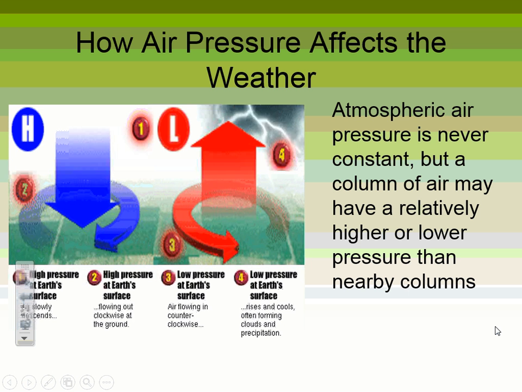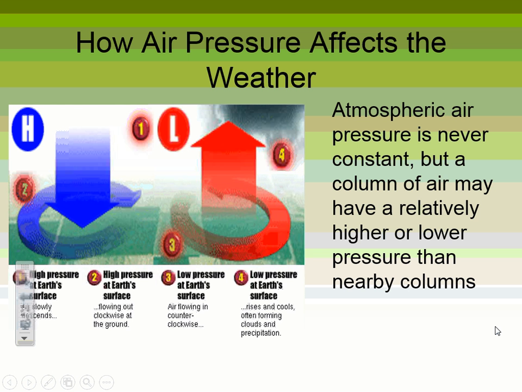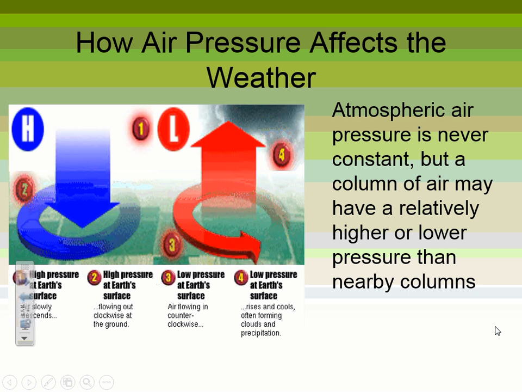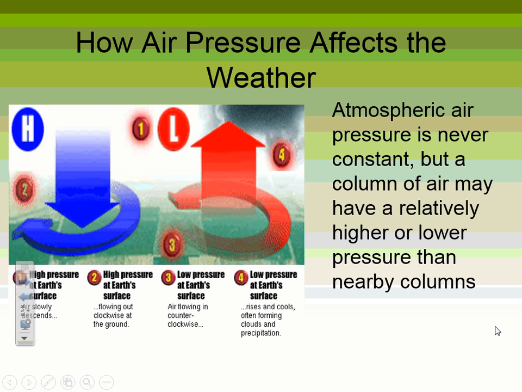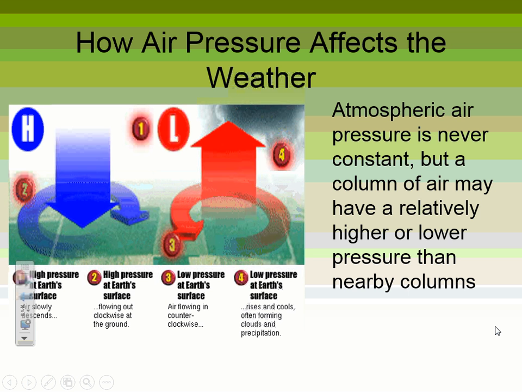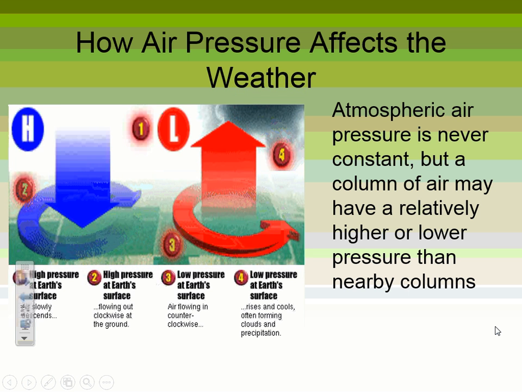That low pressure tends to be warm air and so is rising, and often creates a situation where that warm rising air condenses and then forms clouds and precipitation. So with low pressure systems, there often tends to be storms, precipitation of some sort. With high pressure systems, it's usually cold, dry air, and usually pretty sunny as well.